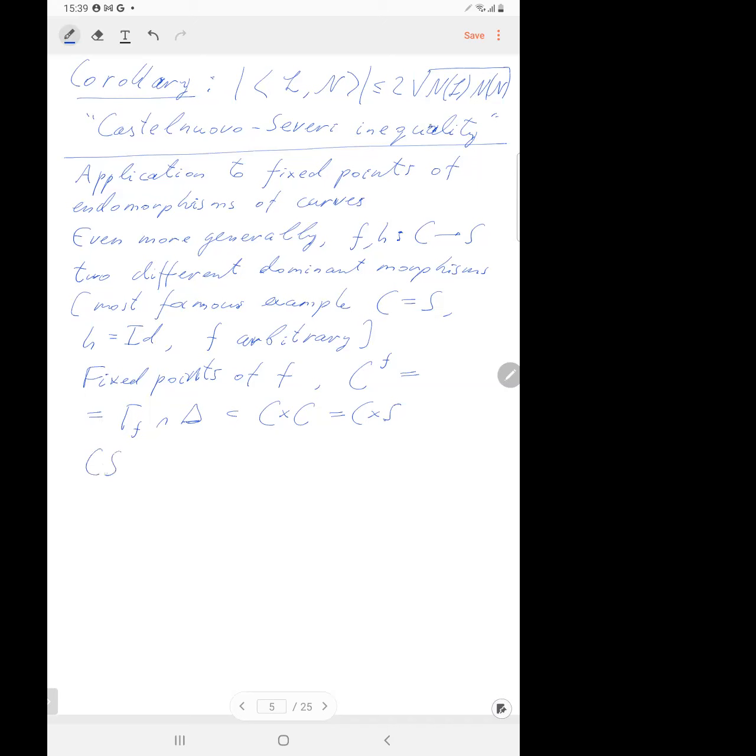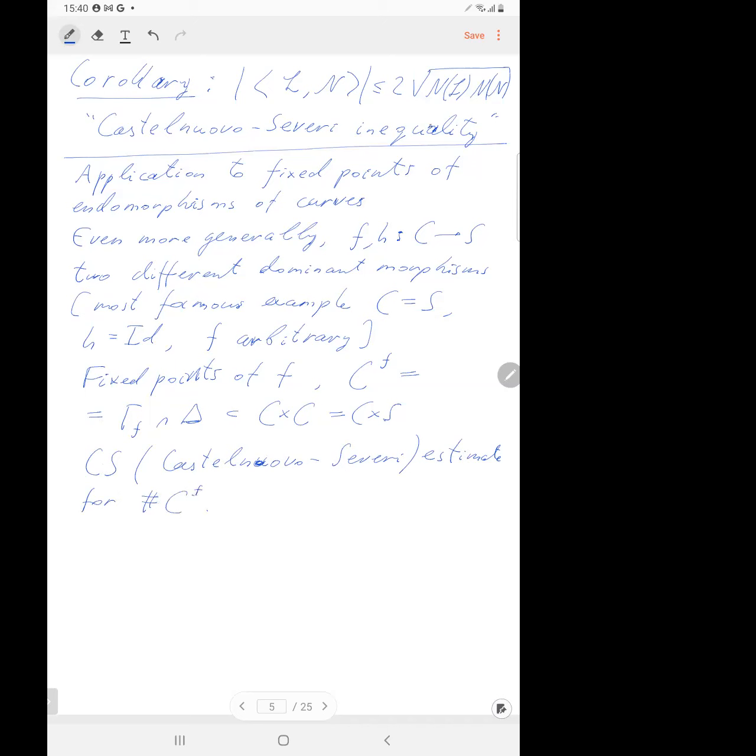So the Castelnuovo-Severi estimate for the cardinality of the fixed point set.